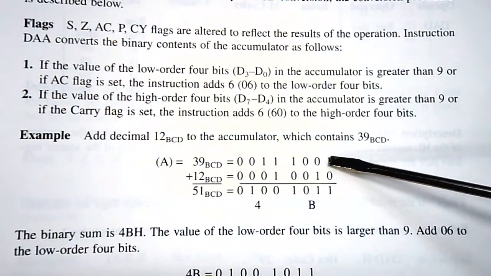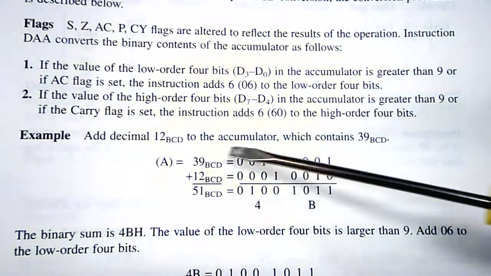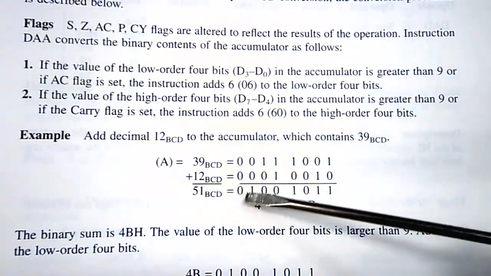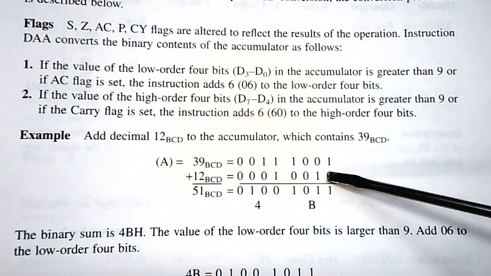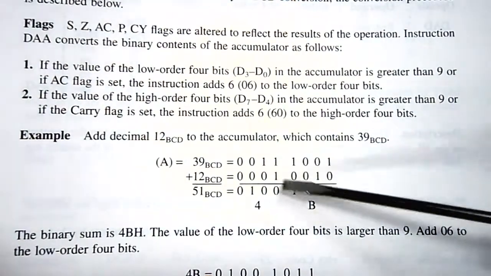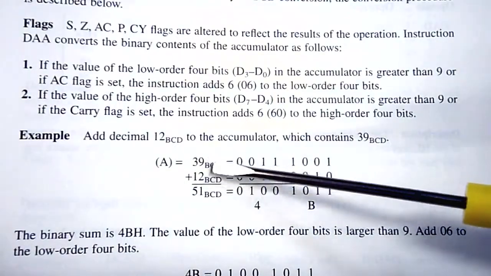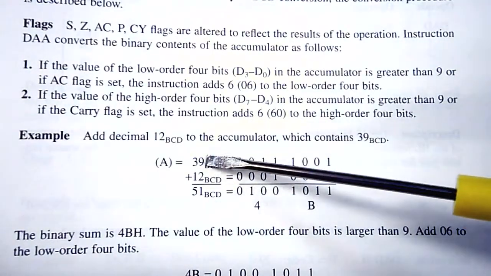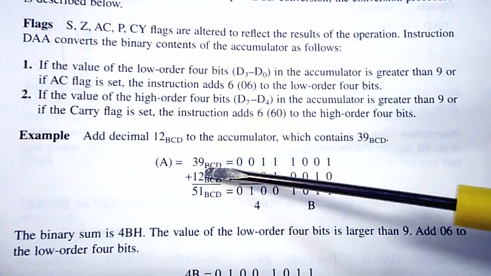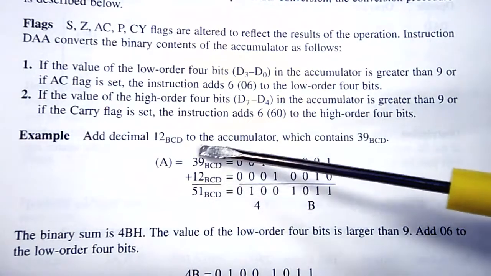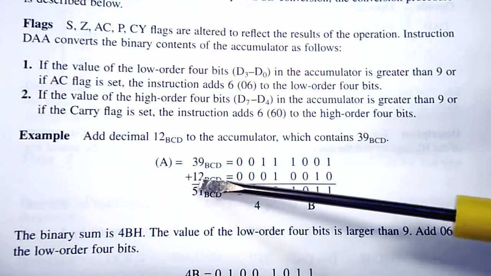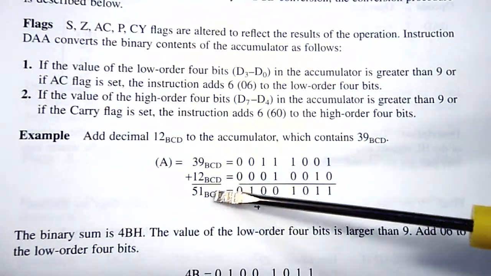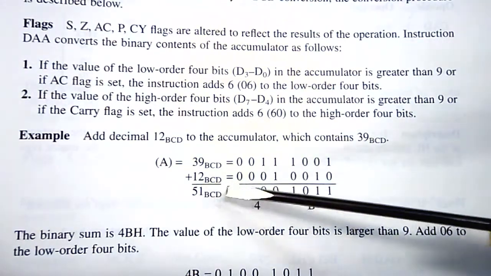It's just the binary equivalent of those two numbers. So 12 is 0001, 0010. Now when we add the BCD numbers together, 9 plus 2 is equal to 1, carry the 1, so 1 plus 3 plus 1 is 5. So the BCD answer is 51.